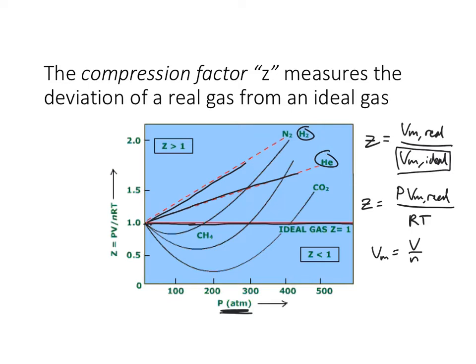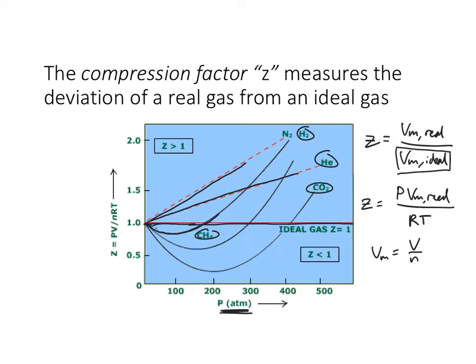And if you recall from last time, we saw that that implies that the system is dominated by repulsive forces between particles. Okay, but then the other situation that we encounter for certain gases like methane, CO2, the compression factor kind of dips down for a while before rising back up again at high pressures.